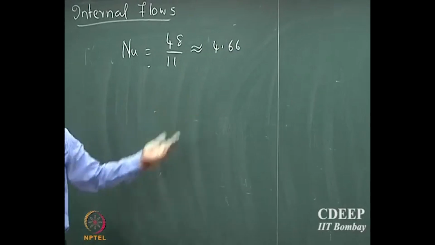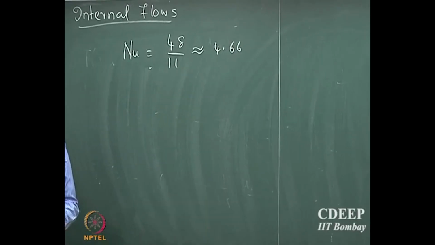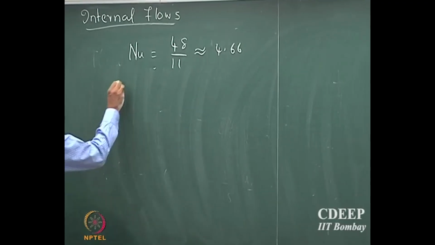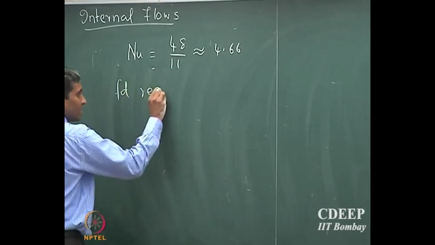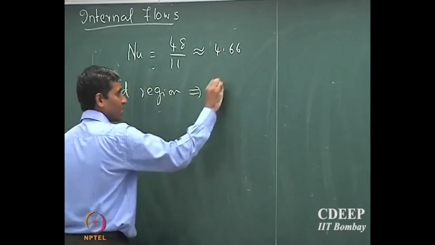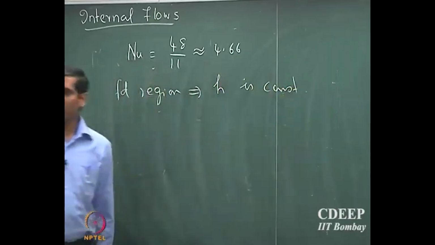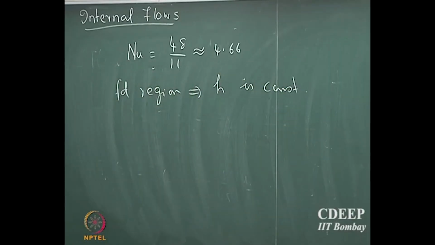Why are we getting it constant? Because the heat transport coefficient is constant, right. So in a fully developed regime, we find that the Nusselt number is also a constant.